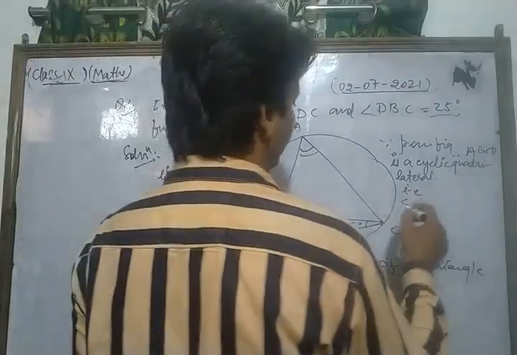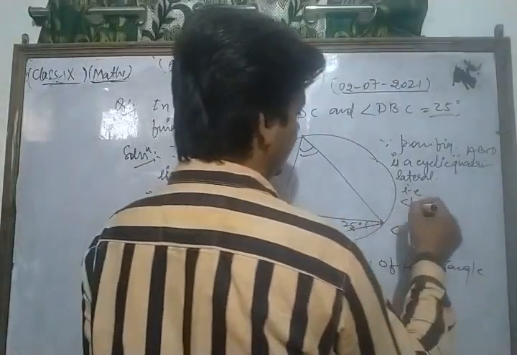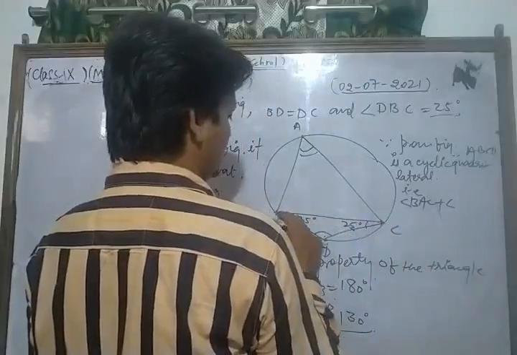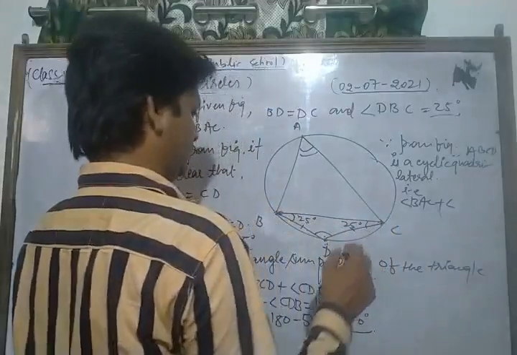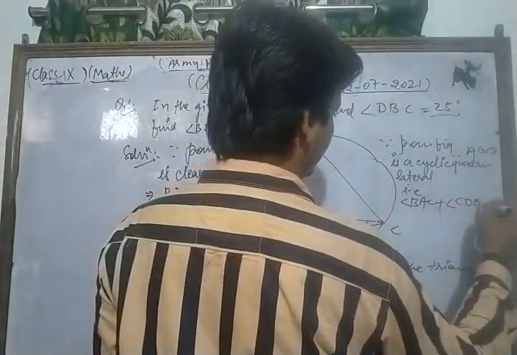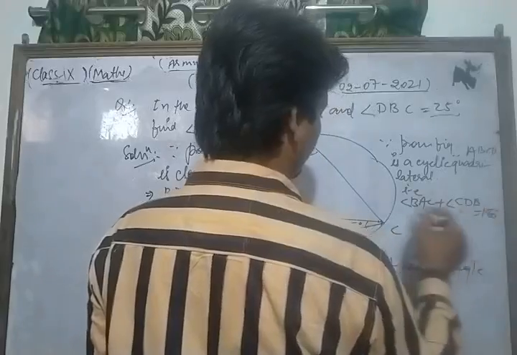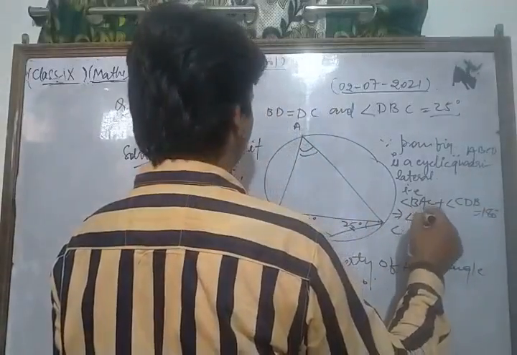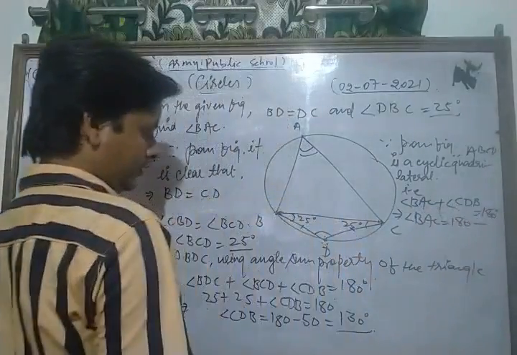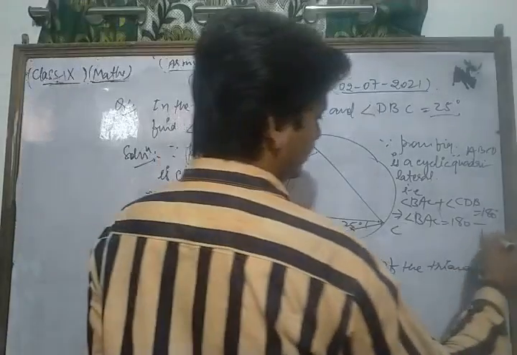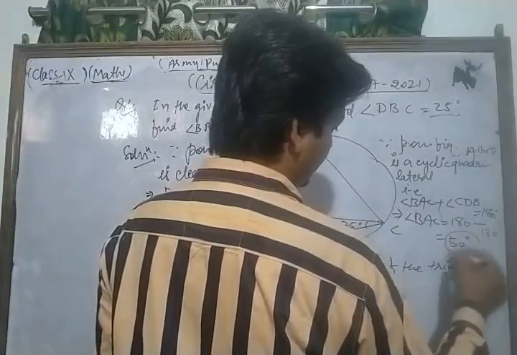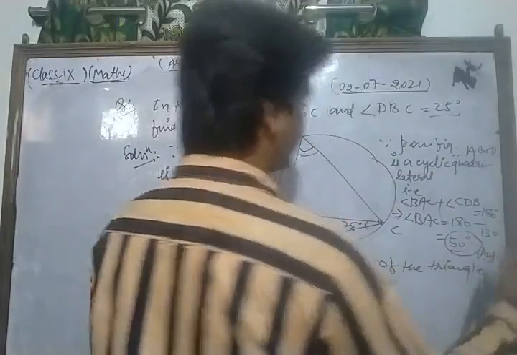That is, angle BAC plus angle CDB is equal to 180. So angle BAC is equal to 180 degrees minus angle CDB, which is 130 degrees. So we get 50 degrees. This is the required solution.